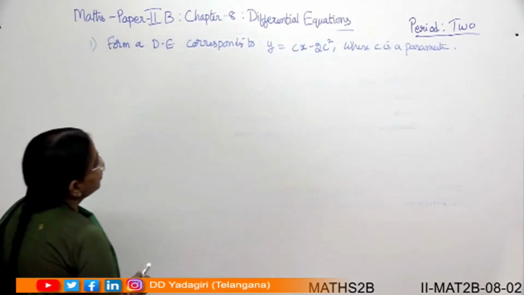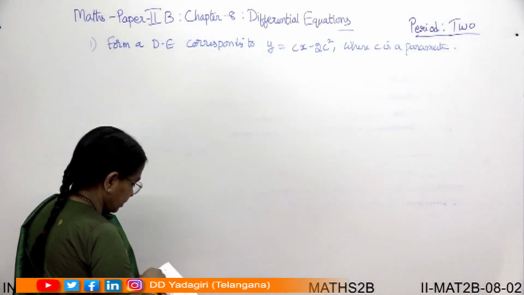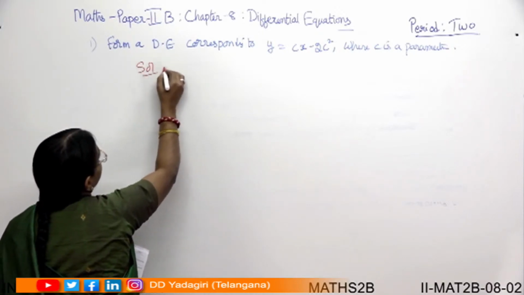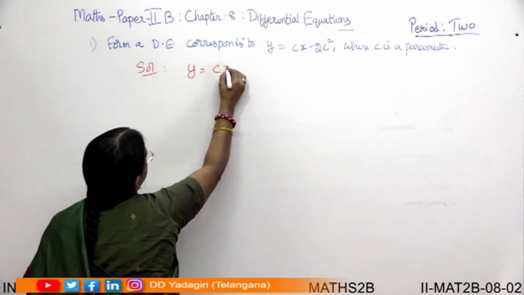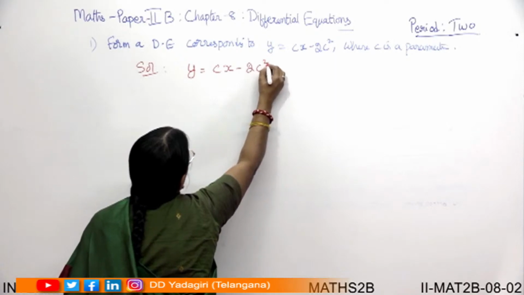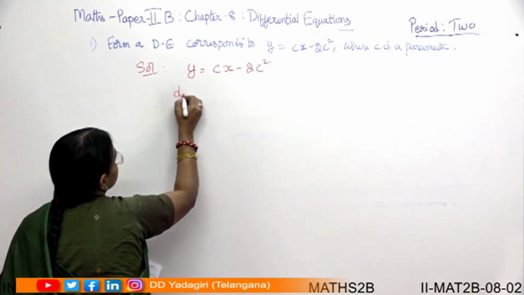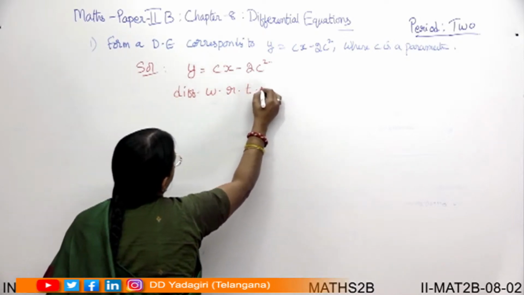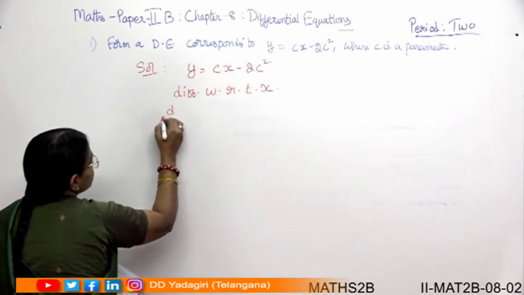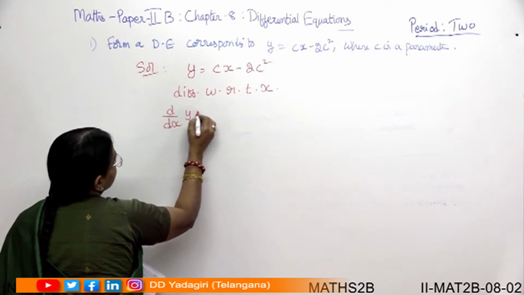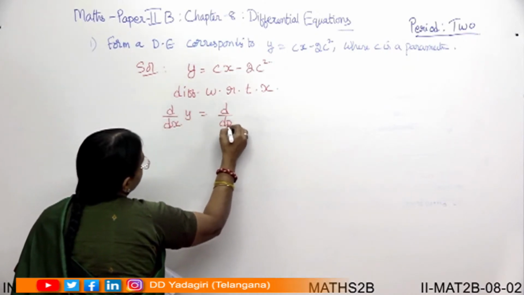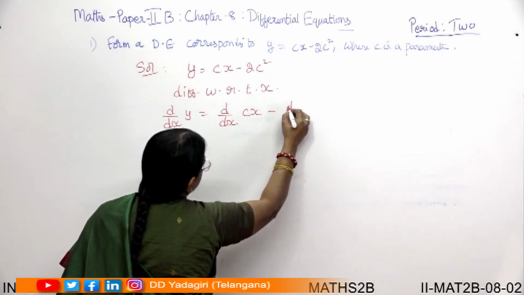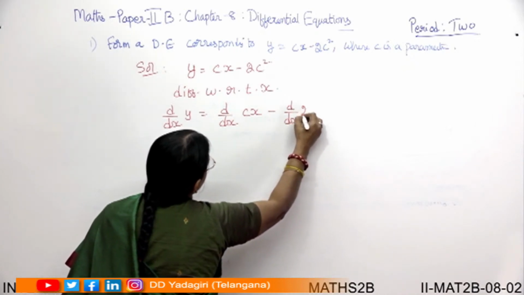So what will you do? In the solution, you are given y is equal to cx minus 2c square. There is only one arbitrary constant. I'll write the steps. Differentiating with respect to x, d by dx of y is equal to d by dx of cx minus d by dx of 2c square.